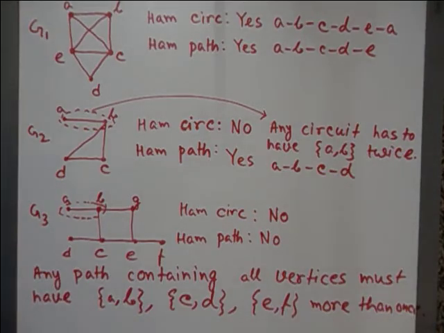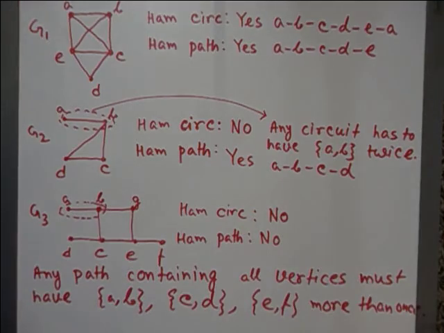Sadly, the answer is no. We do not have a small checklist to figure out whether the graph has a Hamilton path or not, Hamilton circuit or not. So all you can do is, given a graph, try and then draw a conclusion.